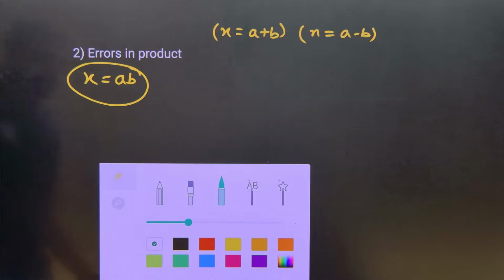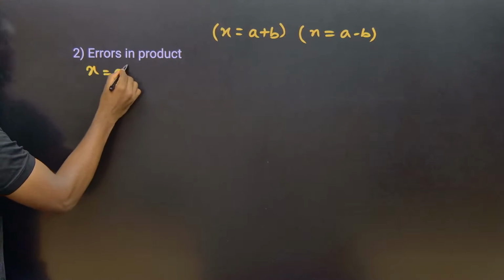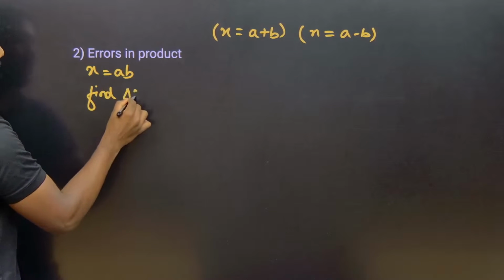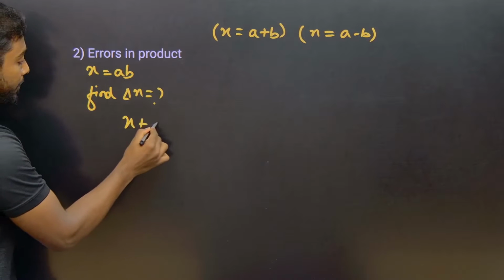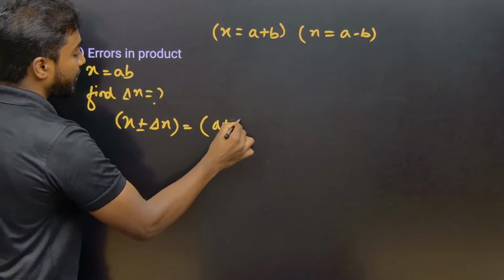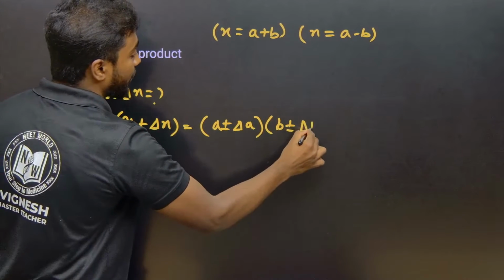So x is equal to AB, I need to find delta x. So here x plus or minus delta x should be equal to a plus or minus delta a into b plus or minus delta b.